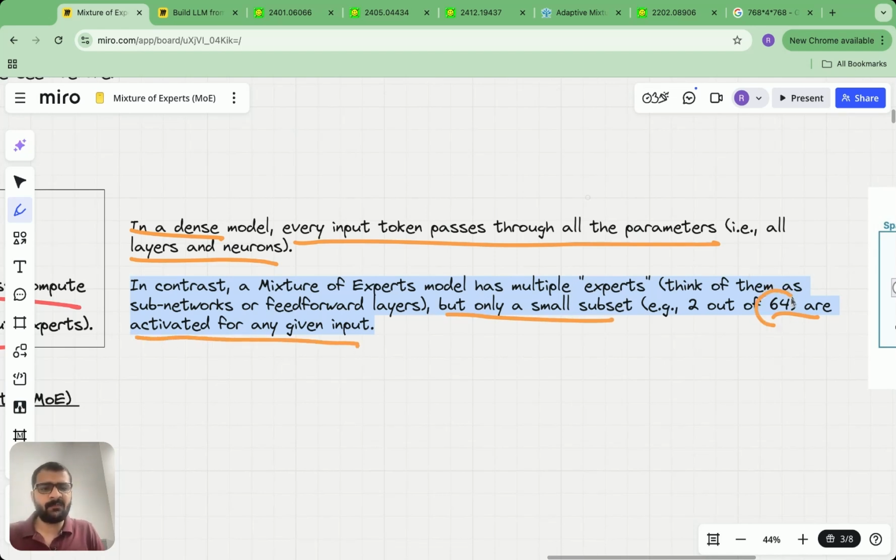So if there are 64 experts, I'll have only two of these experts activated at one time. And if you have 64, you can even make the dimensions of each smaller. So if the dimensions of each of the 64 experts are smaller than 768, and only two experts are activated for every token, that will reduce my amount of computations by a huge amount.